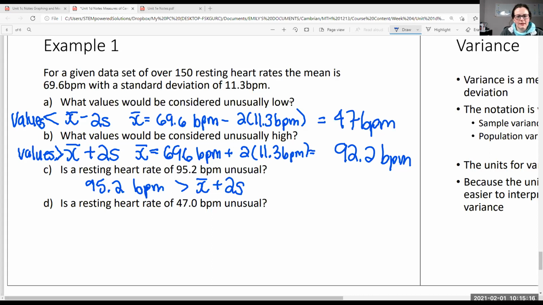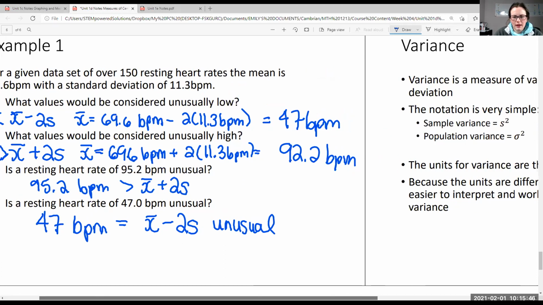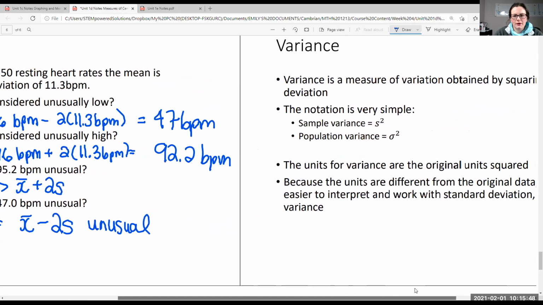Type that into the chat if you think it's unusual. So 47 beats per minute equals X bar minus 2s. So it's right on the borderline. So I would say it is unusual. It's somewhat unusual.